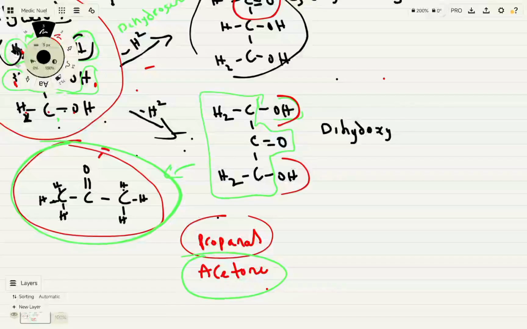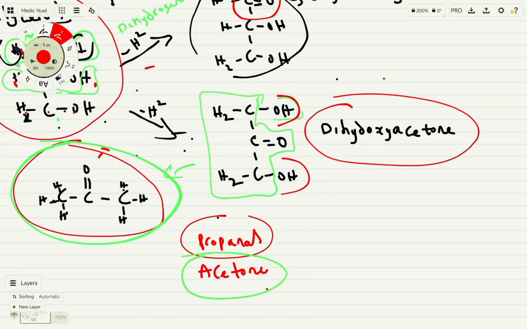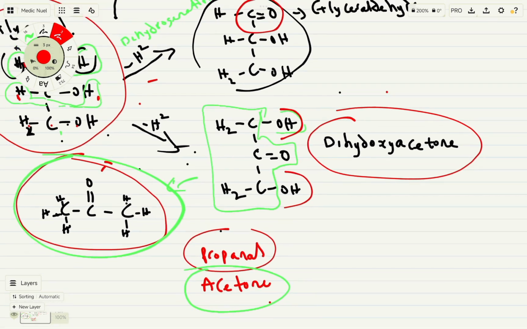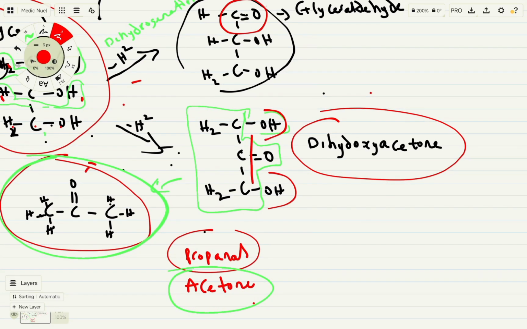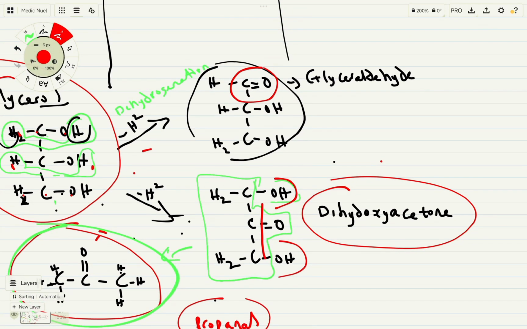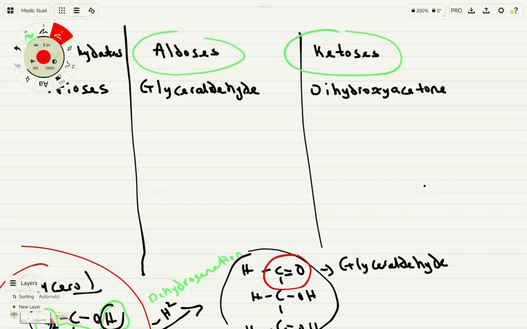That is dihydroxyacetone. Since it's from acetone, we have 2 hydroxy groups attached to acetone, that is dihydroxyacetone. So that's how we get the two smallest basic units of the aldoses and the ketoses.